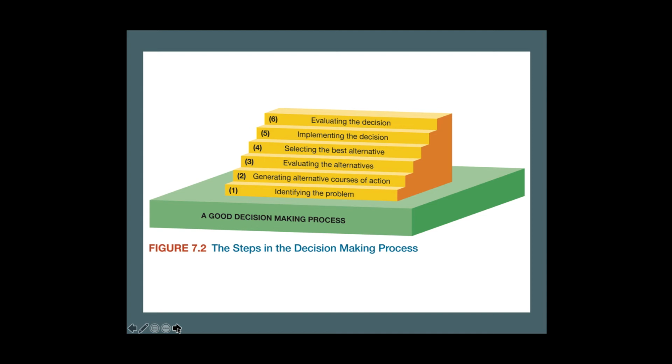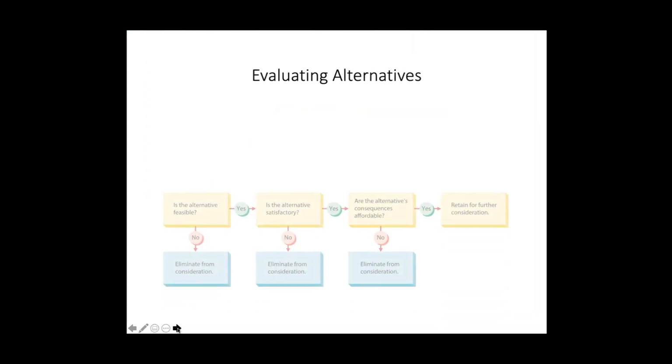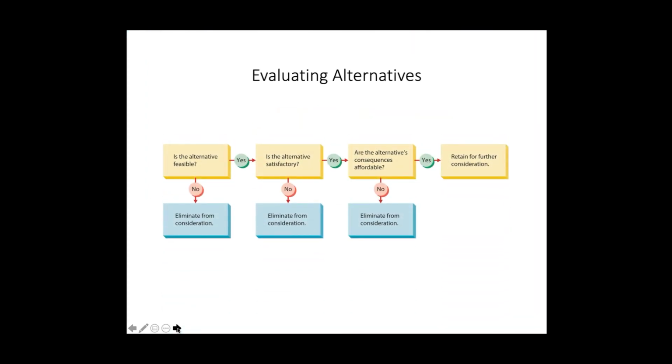And here, evaluating the alternatives, we have some additional discussion. This is a slide from another textbook that I find helpful when we think about evaluating alternatives. As you can see here, there are several questions that you need to consider on every alternative that you are seriously thinking of implementing.